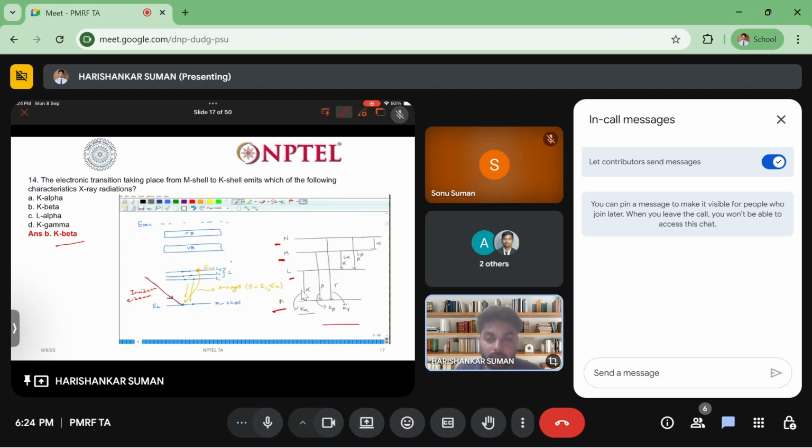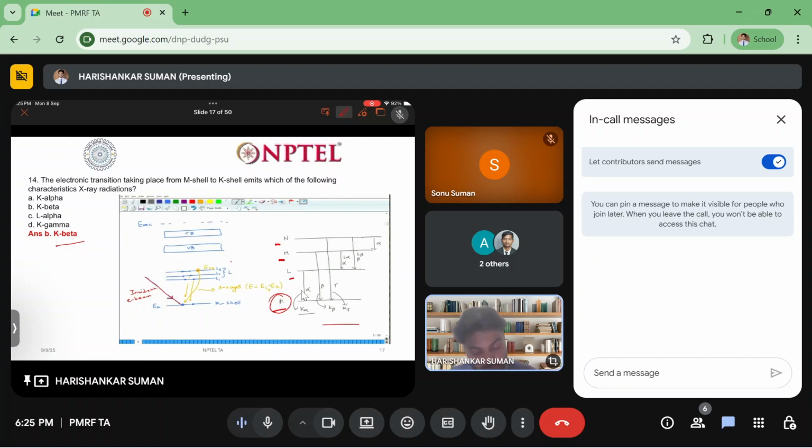N to K is gamma. K alpha, K beta, K gamma. M to L is also possible. Why is it named K alpha, K beta, K gamma? Because the electron comes to the K shell. If it comes to the L shell, then L alpha, L beta, L gamma, from the first, second, and third nearest shell transition. Okay.